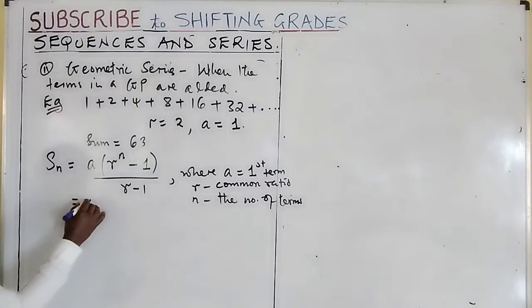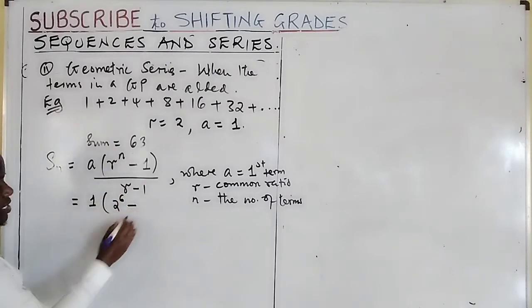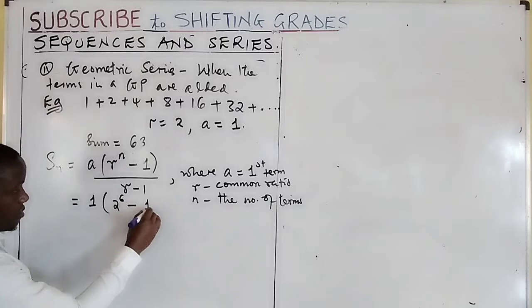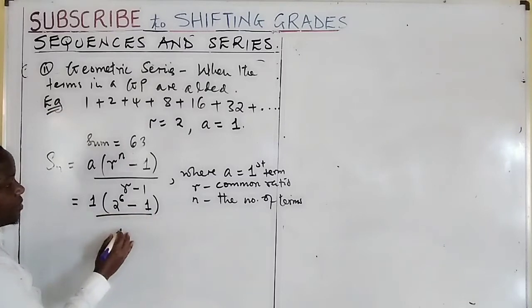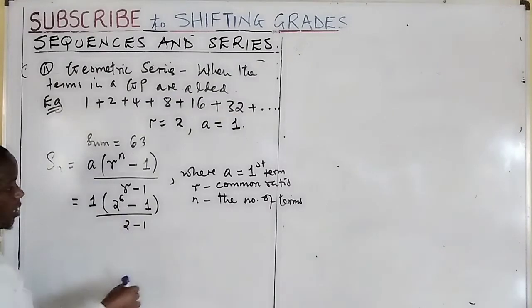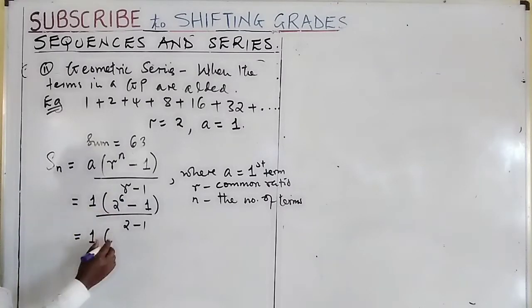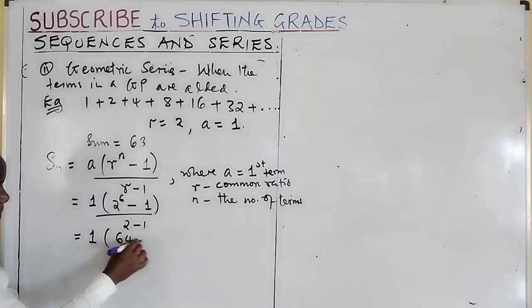Therefore, having the first term as 1 and r as 2 raised to the number of terms, which is the first 6 terms in this case, then we divide by r minus 1. So this would be 1 multiplied by 2 raised to 6, which is 64, minus 1.